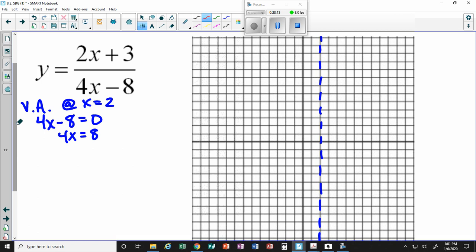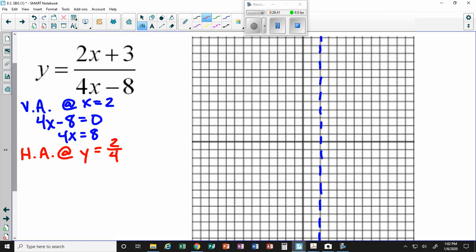We have to look and make sure what form it's in. Since I have an x on top and an x on bottom, I do the ratio of the leading coefficients. So what's the leading coefficient on top? Careful, the coefficient, just 2. The x is the variable. The coefficient is the number in front of the variable. So 2 over the leading coefficient on the bottom, which is 4.